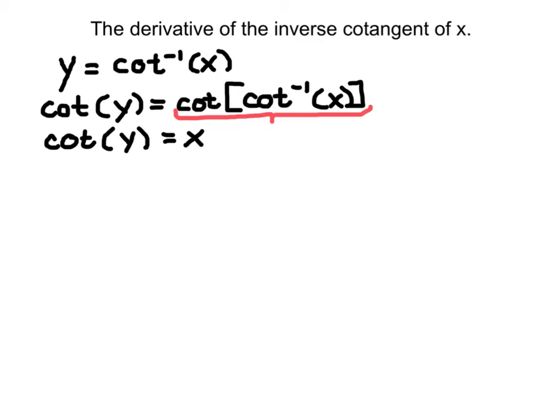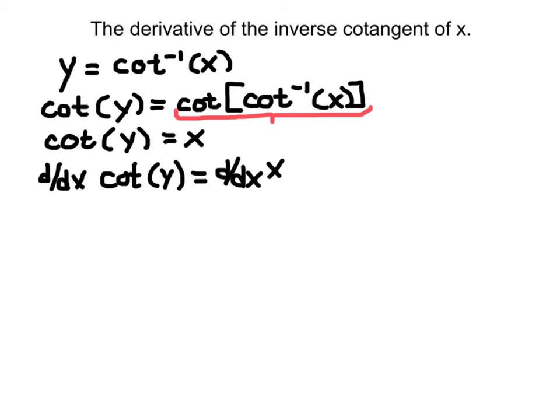And now we're going to use implicit differentiation on the left and the right and take the derivative with respect to x of the left-hand side, which is the cotangent of y, is equal to the derivative with respect to x of the right-hand side, which is x. Now, on the left-hand side, we're going to use the chain rule, so we're going to take the derivative of the cotangent of y with respect to y times the derivative of y with respect to x.